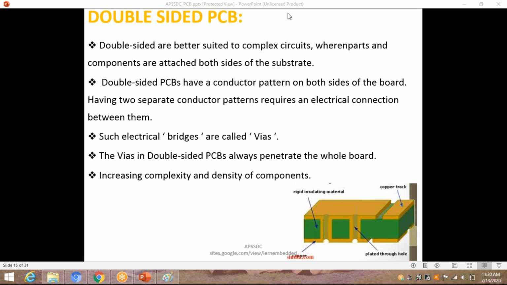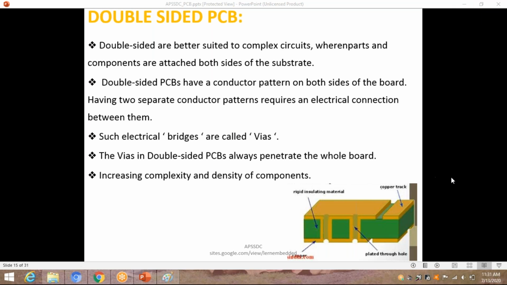If we are using surface mount devices, there is no need of drilling holes. We can directly solder the components on either side of the PCB. Is it clear, Mr. Arvind? Depending on the component packages, either we can drill holes or there is no need of drilling the holes. Is it clear? Clear, sir.